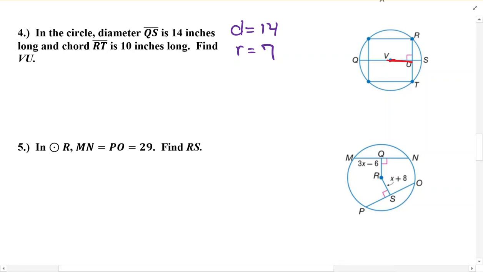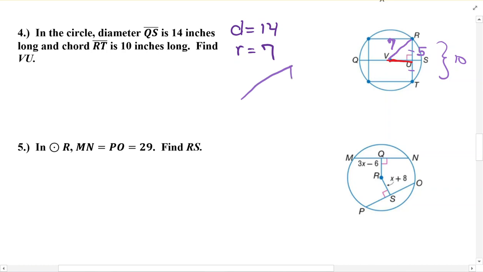So I'm going to connect V and R, which is a radius, and that's 7. We know that chord RT is 10 inches long. Since the diameter here is perpendicular to it, it bisects it. So if the whole length is 10 inches, that means that RU is 5 inches.